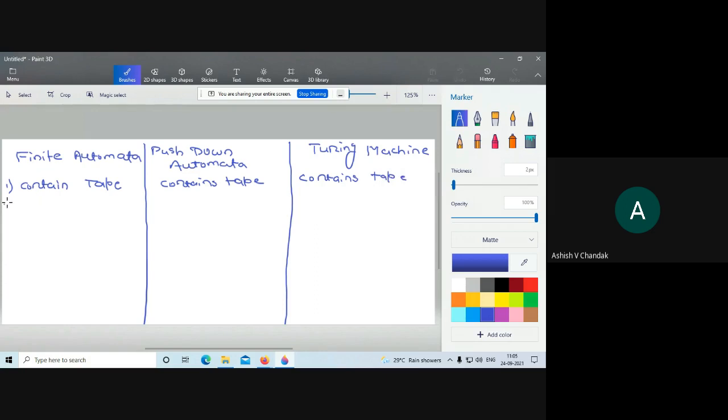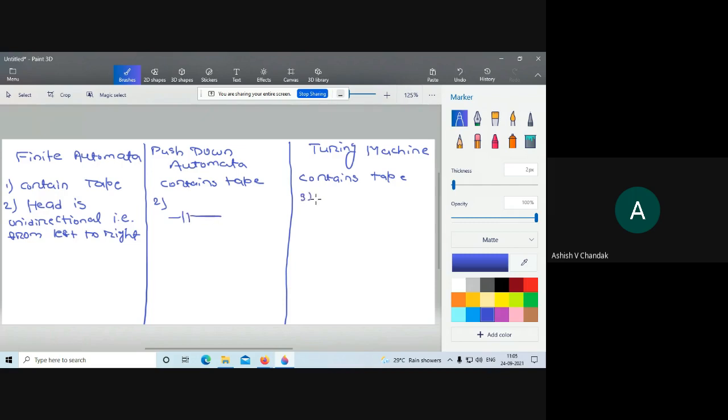Second, the head is unidirectional, that is from left to right. Again the same thing in pushdown automata: the head is unidirectional, left to right.